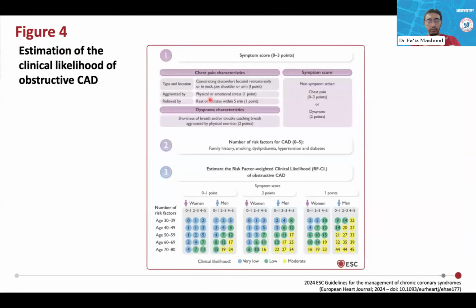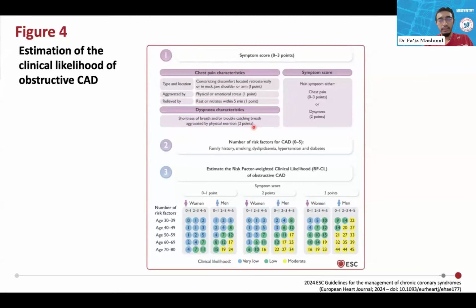In ESC 2019, the model that ESC proposed was the pretest probability model. Now they come with a new model, which is this RFCL. So how do we use this RFCL model? First of all, we need symptoms. That's why this model is for symptomatic patients. If, let's say, a patient has dyspnea, automatically they score 2 points.